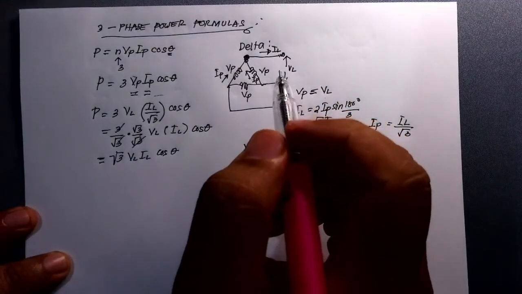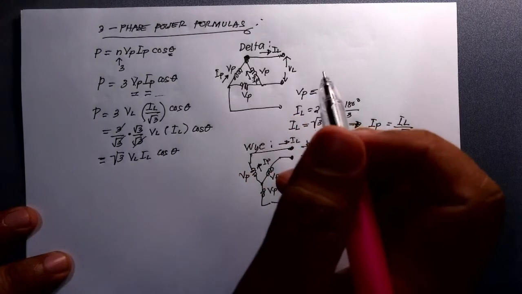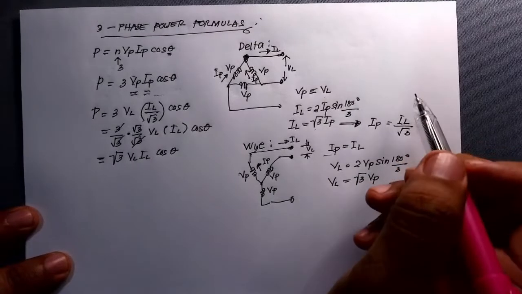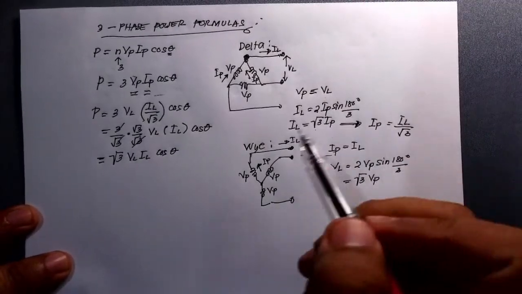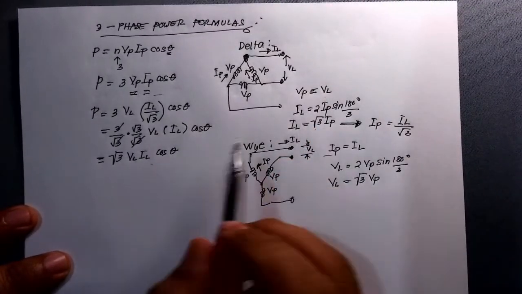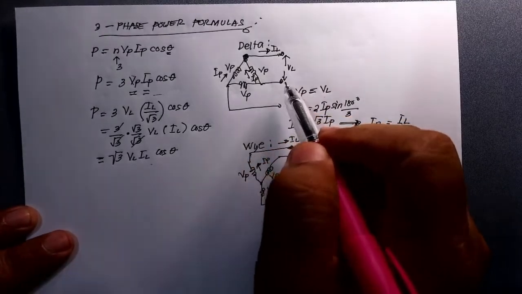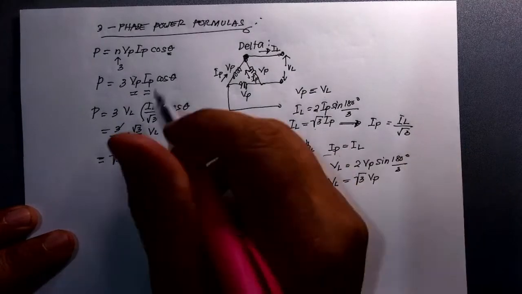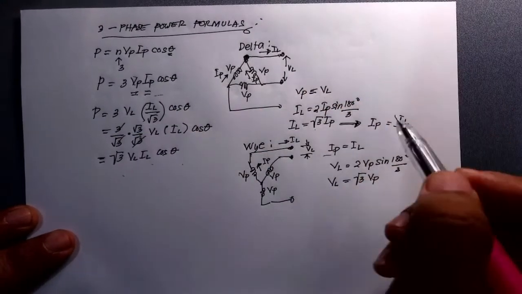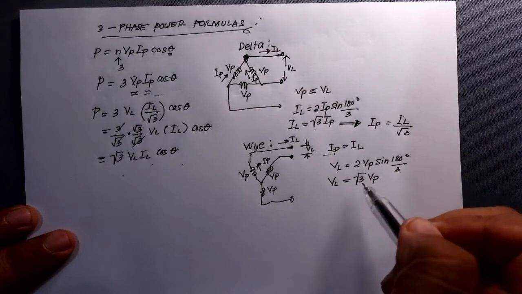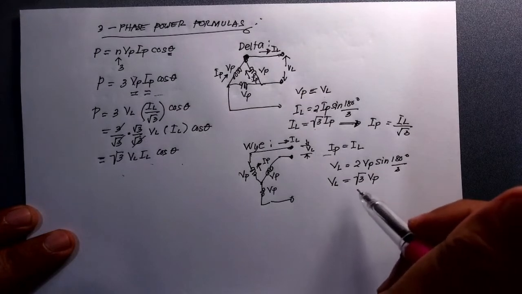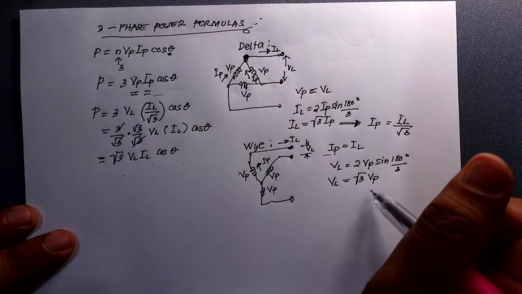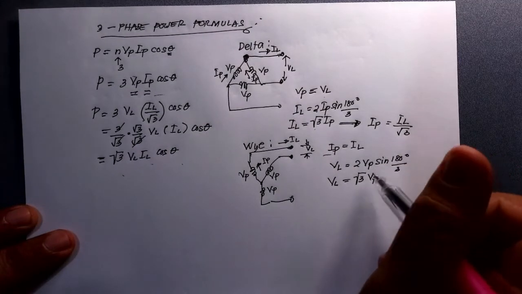So this is the formula for getting the real power P using the line current in your delta connection. Now, if you also consider the Y connection, it will give you the same result, because V sub P equals V sub L over square root of 3.